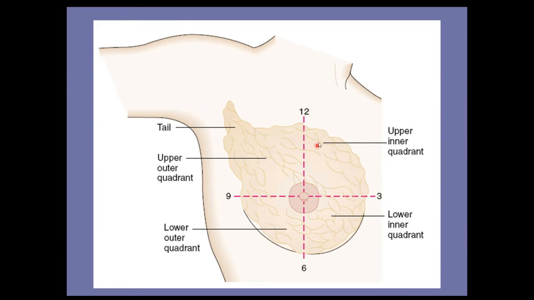We can tell that there is a mass in the upper inner quadrant, as well as the clock position. So if there is a mass here, we can say there is a mass at 1 o'clock. In ultrasound reports, you can see that they may mention the clock position also. There is a mass here. They can mention, like, the mass is at 3 o'clock.